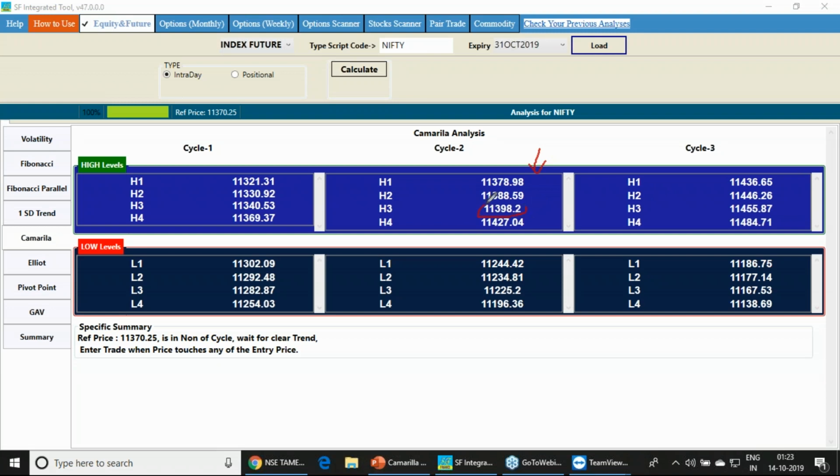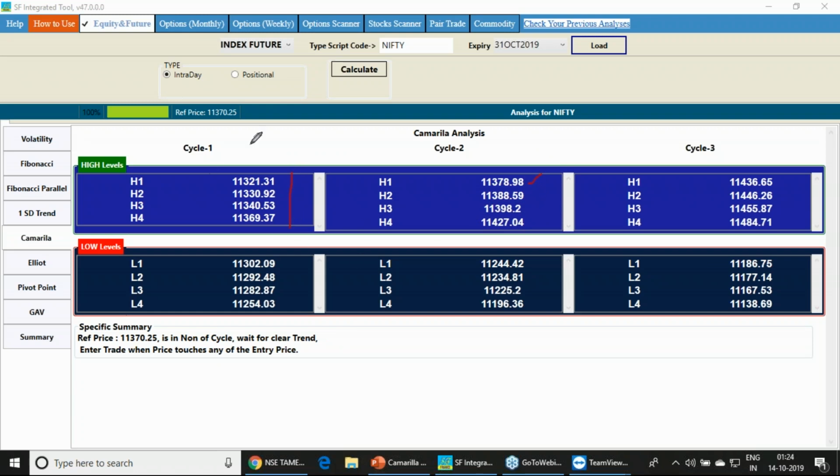Either you can sell here at 11,398, keeping a stop loss of 11,427. Currently you are at 11,370. None of the cycle, enter the trade. So it is telling that it is none of the cycle, wait for the clear trend. Once it enters the second cycle, which is 11,378, 79 above, this cycle has started here.